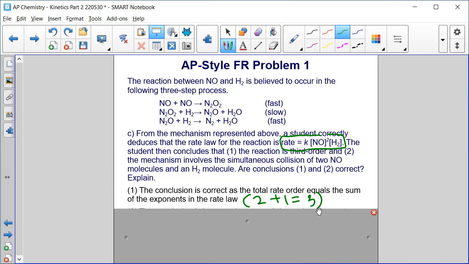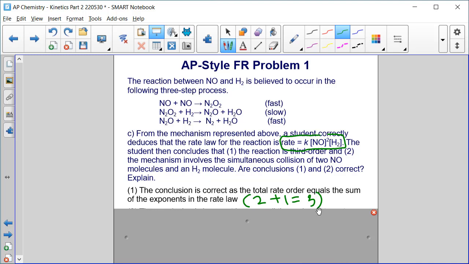Okay, but the second conclusion, that the mechanism involves the simultaneous collision of two NO molecules and an H2 molecule. That would be the simultaneous collision of 3 molecules, which we discussed was very rare and one of the reasons why these mechanisms exist in multiple steps.